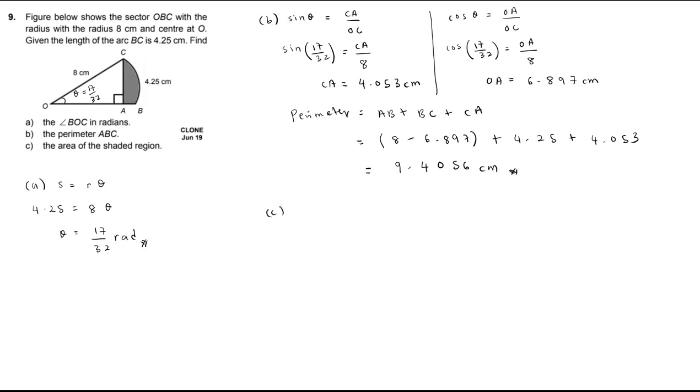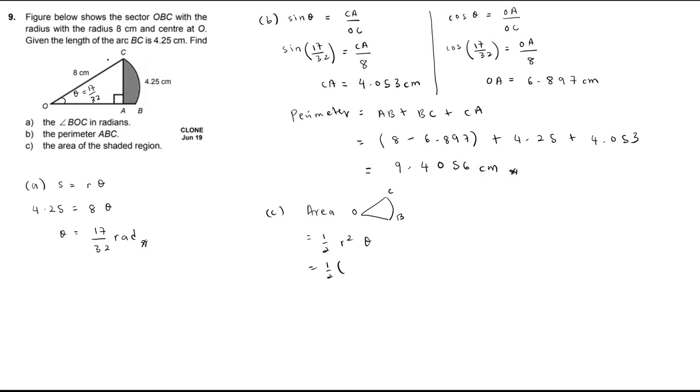Proceed to part C. We want to find the area of the shaded region. So first we calculate the area of the sector and then minus area of the triangle. Okay, let's start from area of the sector. Sector OCD, 1 over 2 r square theta.